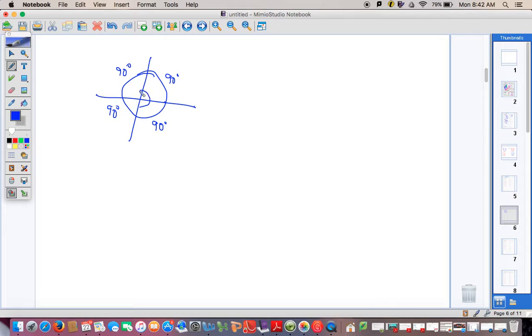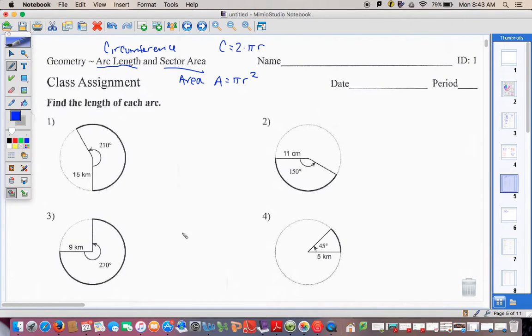And so the total degrees of a circle is 360 degrees. So the entire circle is 360 degrees, and we're going to be using portions of this. We know that the total is always 360, which really enables us to figure out what parts are equal to.